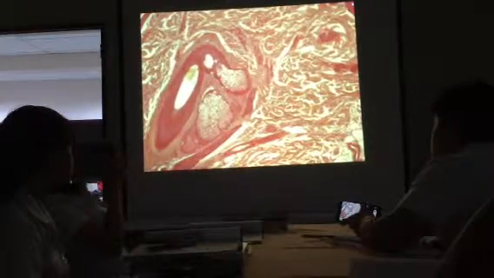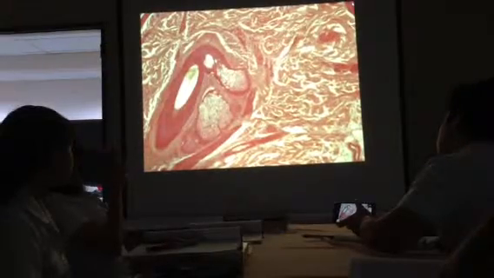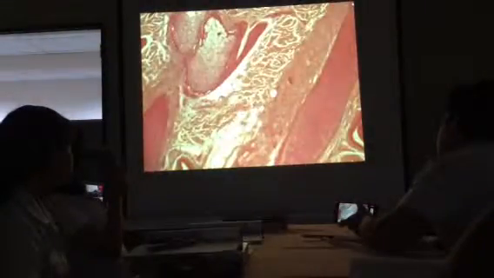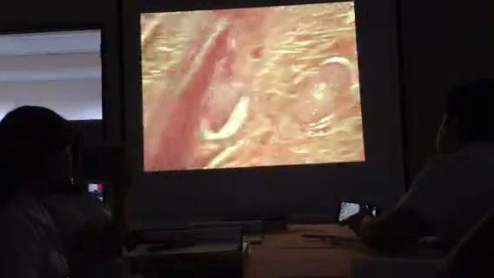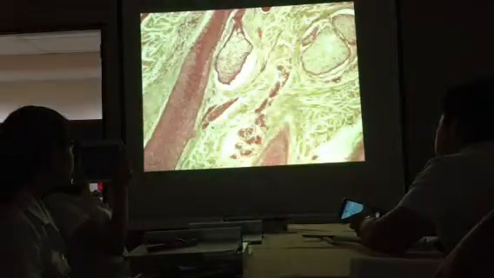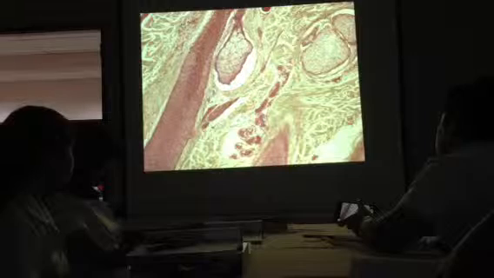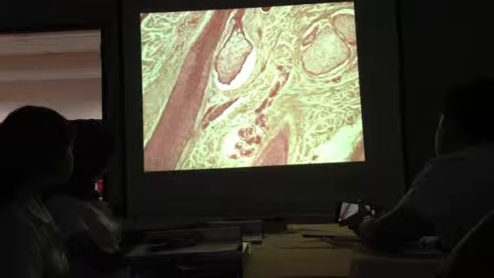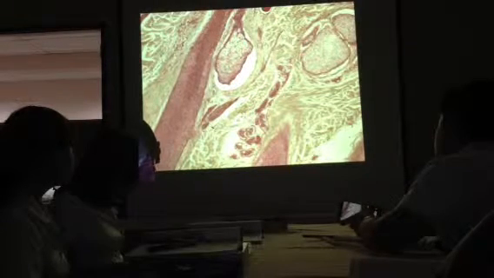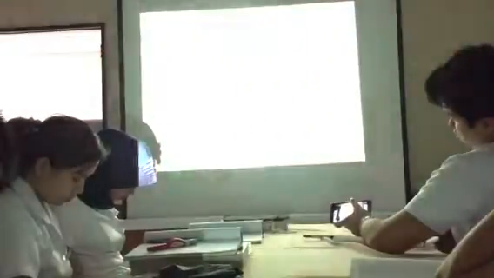Okay, sebaceous glands are always connected to the hair follicles. Okay, sebaceous gland and then sweat gland. Sweat gland, sebaceous gland. Associated with hair follicle.